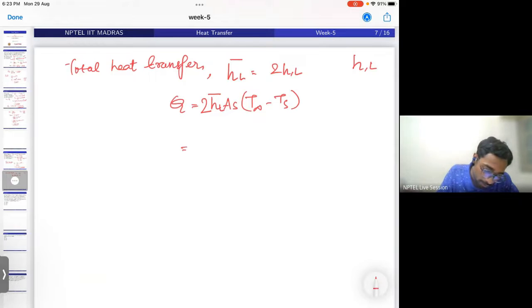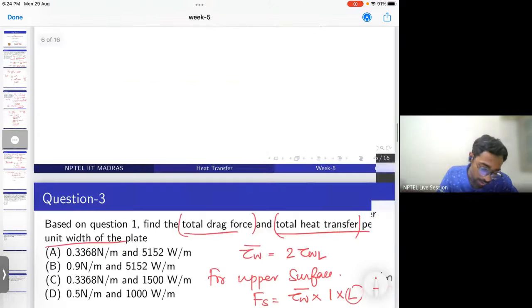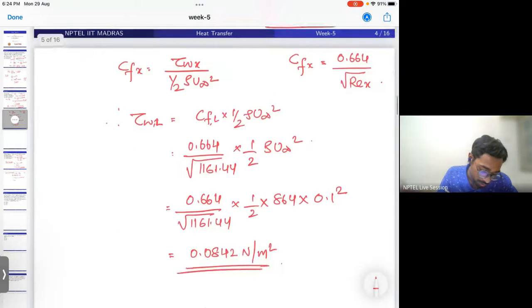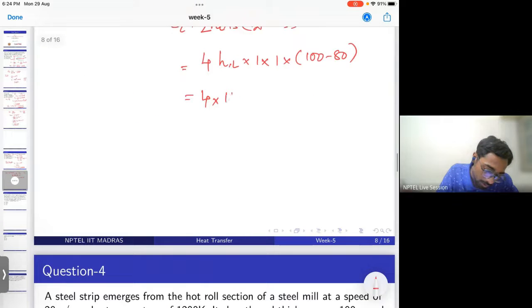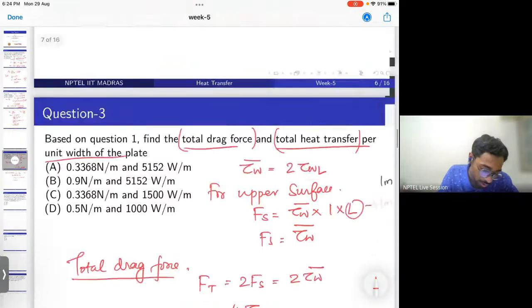So it is 4 times HL into area, per unit width 1 and length L, so into 1 into 1 into 100 minus 80. It is 4 times HL, the heat transfer coefficient we found as 16.1, into, sorry, is this 80 or 20?